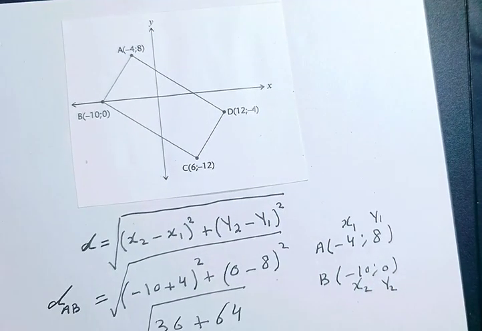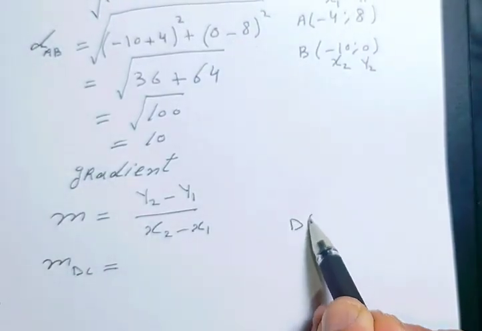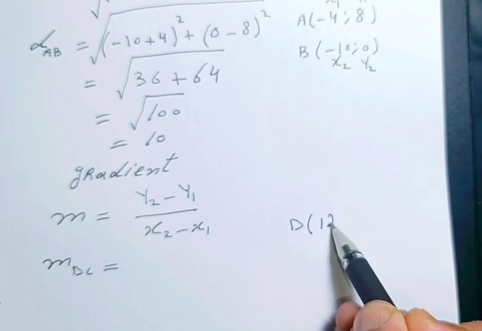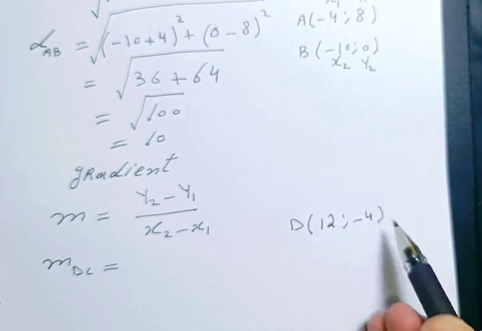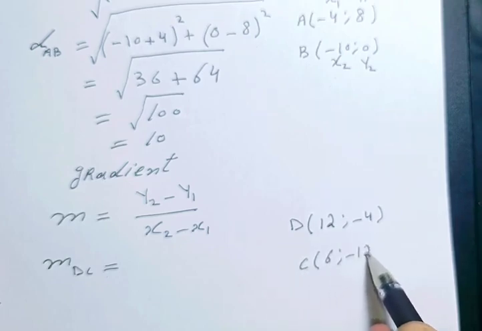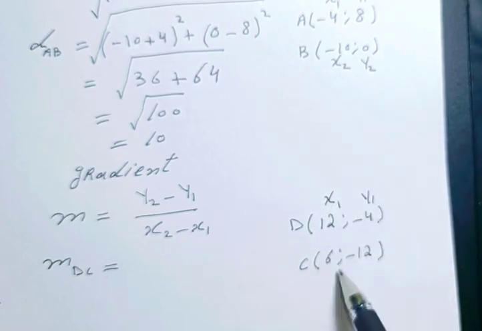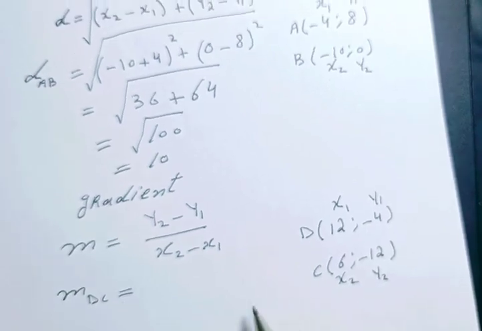Again I'm going to write the coordinates of D, which are 12 and -4, and the coordinates of C are 6 and -12. So this is my x1 and y1, this is my x2 and y2. I'm going to plug all these values into this formula now.